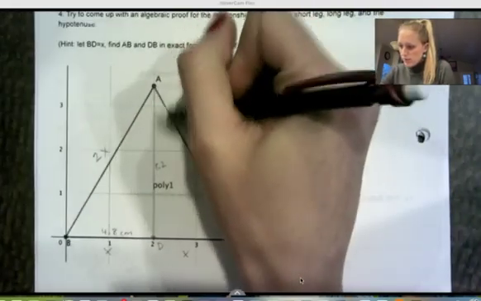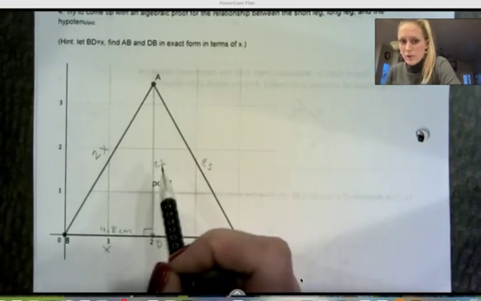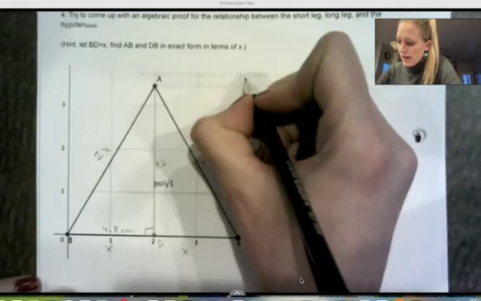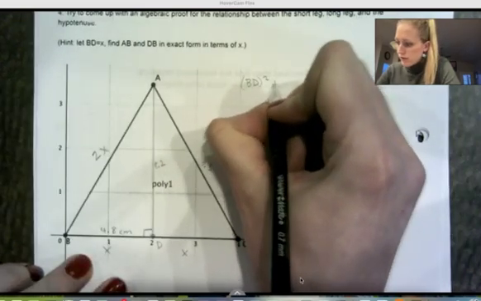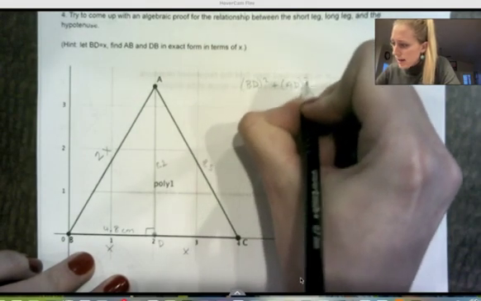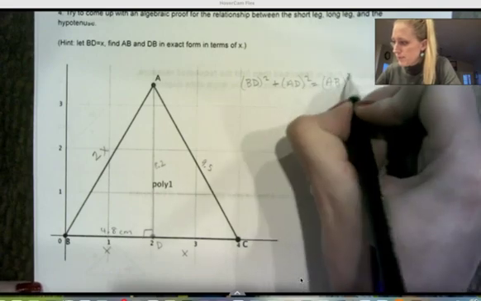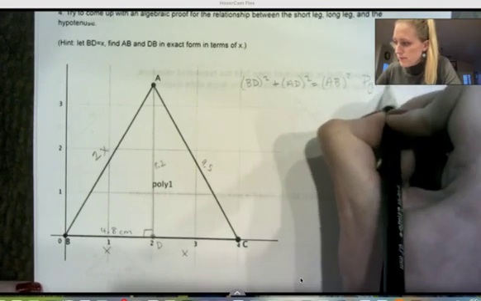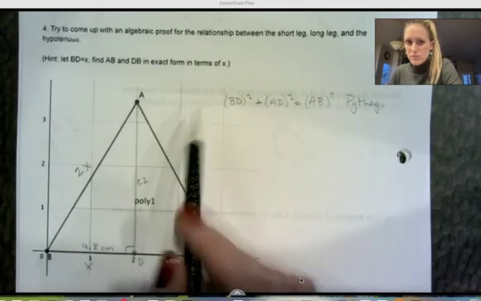Okay, so I have this triangle right here that's a right triangle. So I know that BD squared plus AD squared has to equal AB squared by the Pythagorean theorem. All right, so let's plug in my x values.